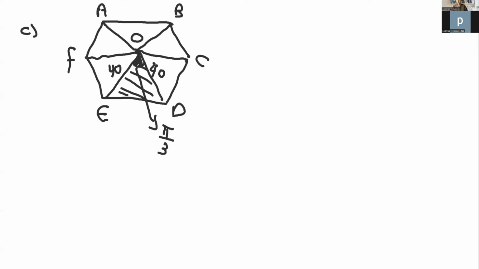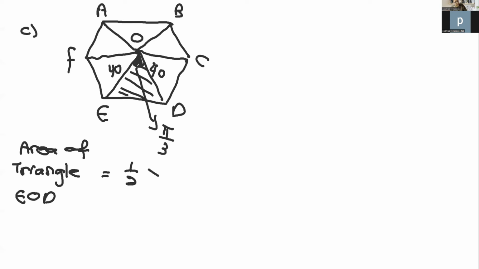So here, therefore, we can use the angle to be pi over 3, and we can calculate, if you're looking into the triangle, the area of triangle EOD, which would basically be half times 40 times 40 times sine pi over 3.